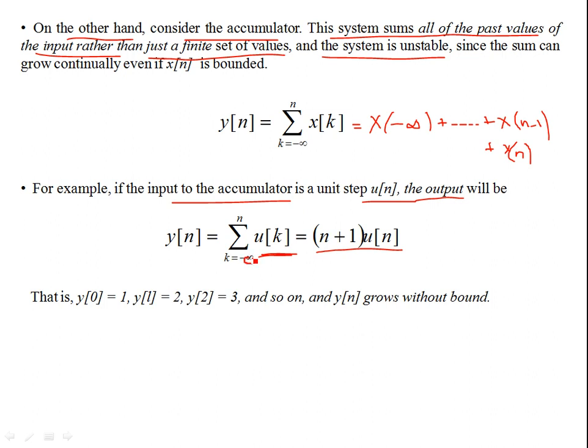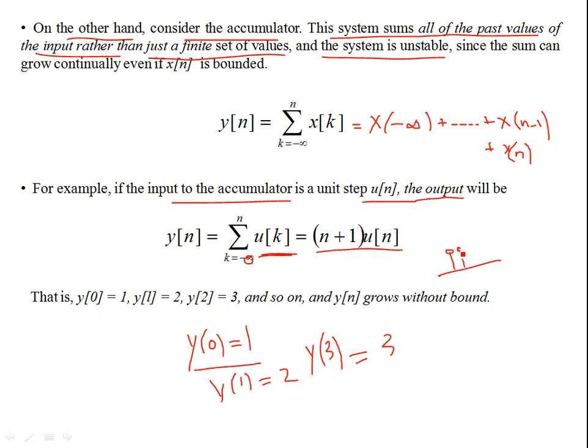It can start with 0, because the first sample. So y of 0, for the first sample of the unit step function, the sum is 1, at n equal to 0. Then y of 1 is going to sum up n equal to 0 and n equal to 1, and this is equal to 2. Similarly, y of 2 will be, again, just add 1 to it, so it will be 3, because the unit step function is like this, and you're summing up all the samples.